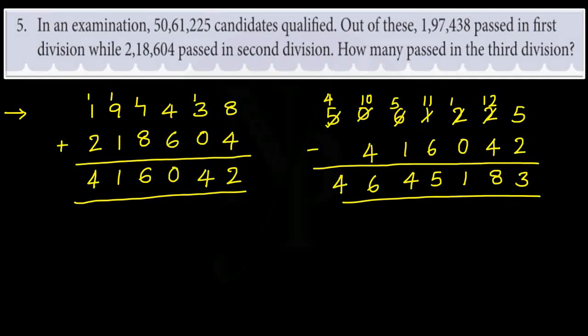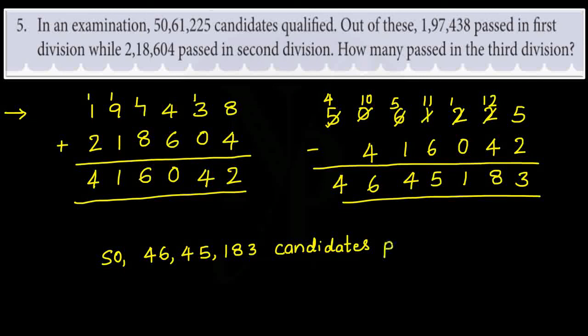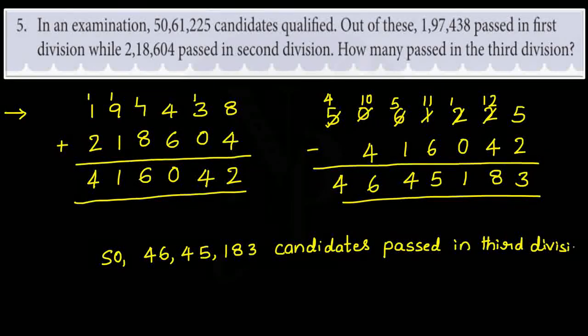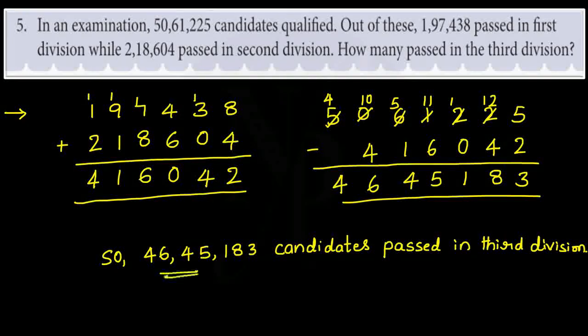So you should write this as, 46 lakh 45,183 candidates passed in third division. So this is the conclusion of this problem.